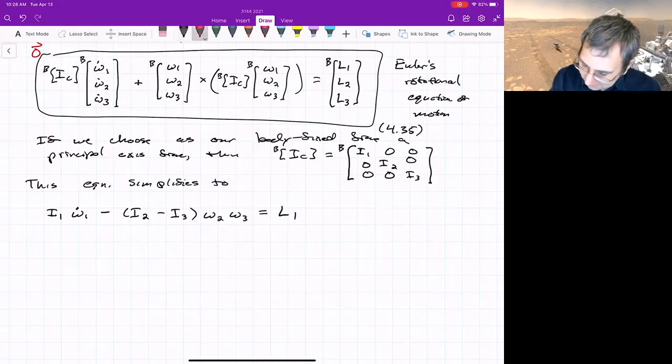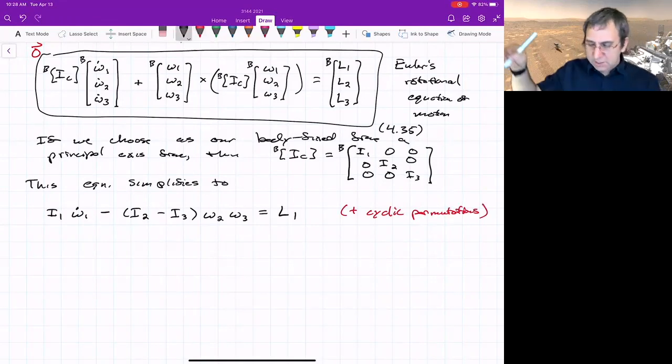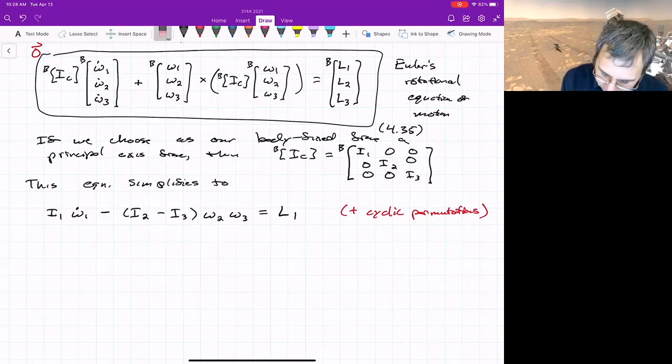I might say plus cyclic permutations, which just means all the indices move back. So this becomes I2 omega 2 dot. We've just said, okay, now you go here, you go here, and then this goes back over to there.